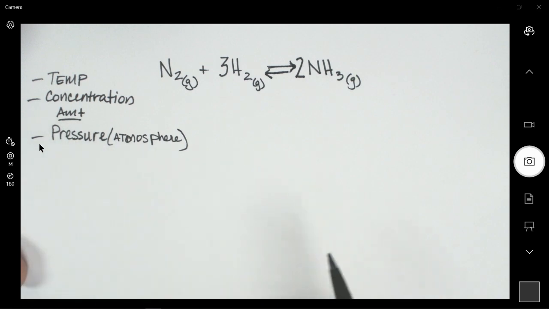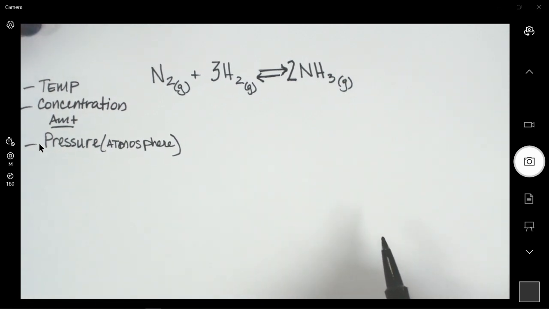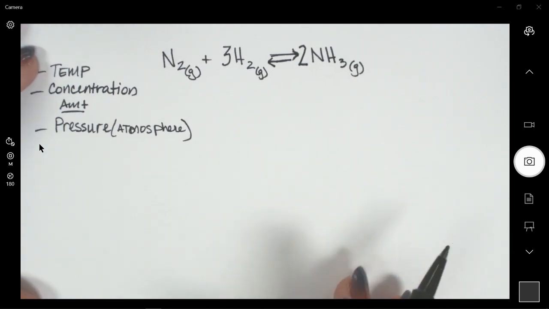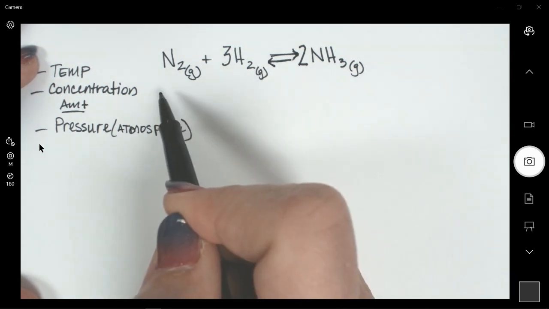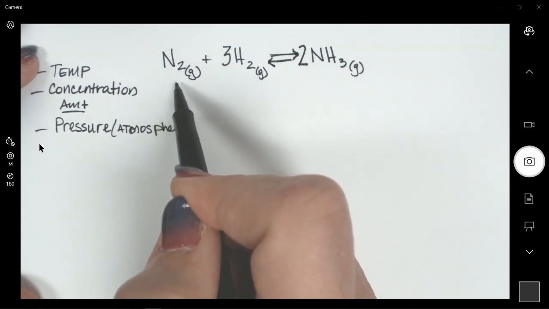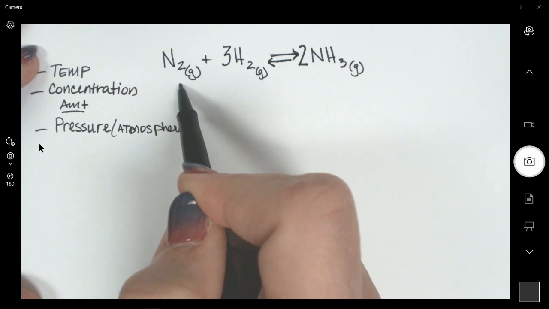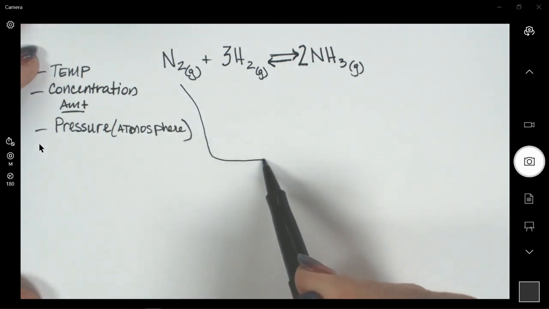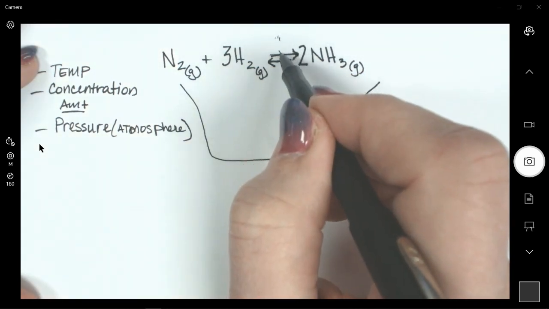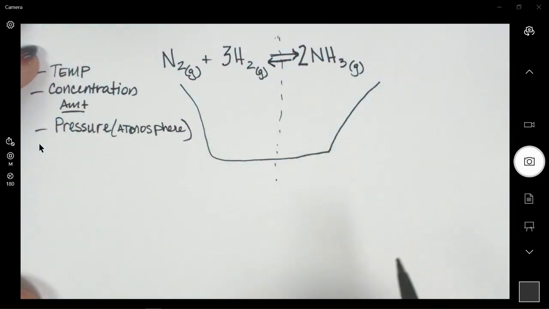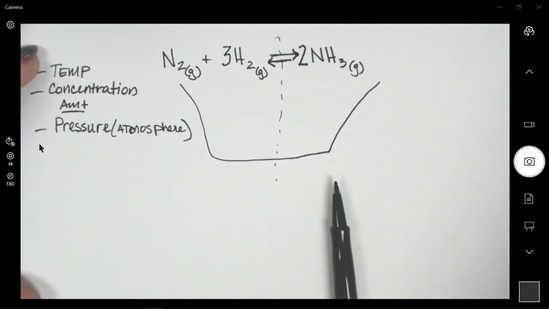So the easiest one to think of is concentration. If you turn this chemical reaction into a ramekin of ketchup. Right? And we're just going to put this little equilibrium line down here. And it is full of ketchup.